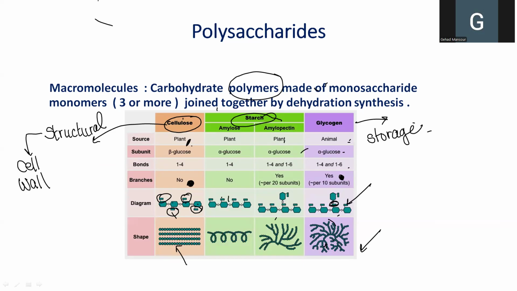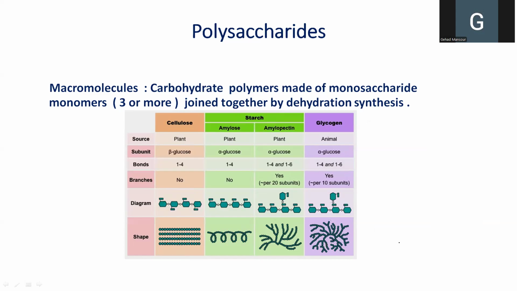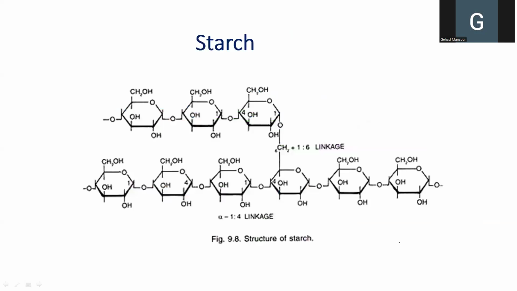Of course, the more branched the molecule is, the more complex it is. And the more complex and branched the molecule is, the more difficult it is to be broken down.